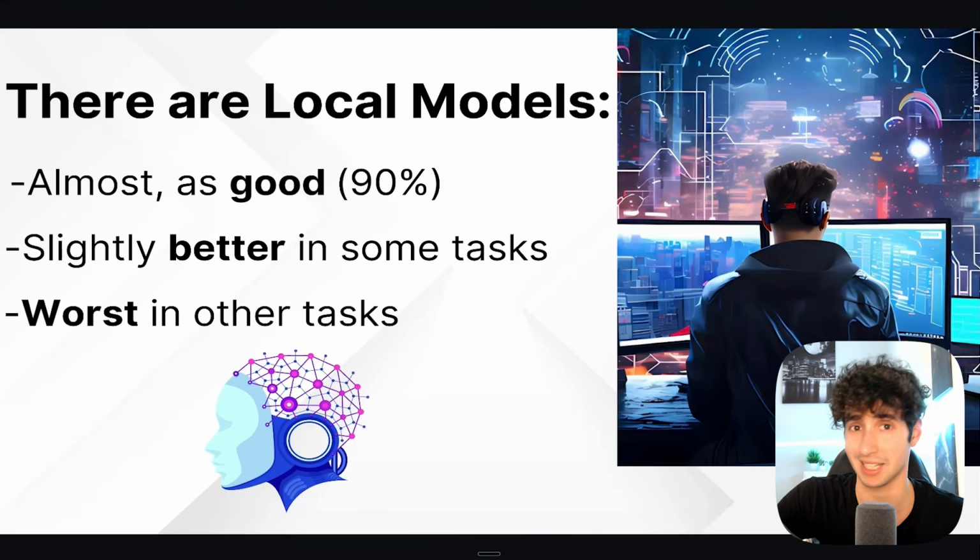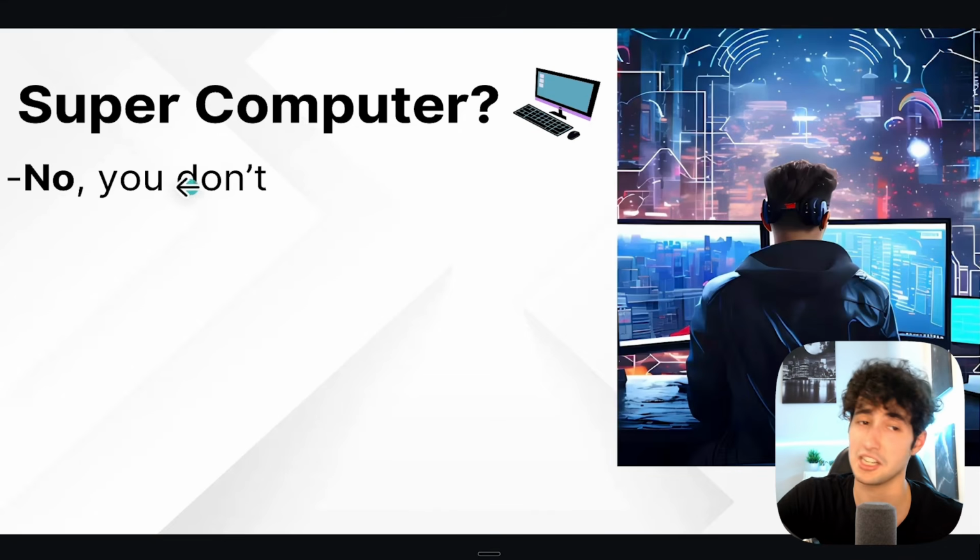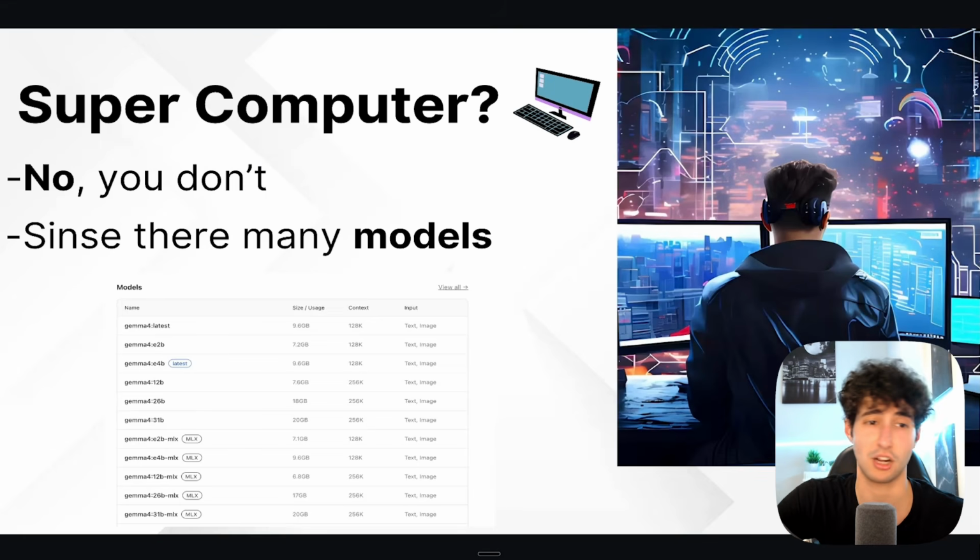And that perfectly brings us on to the next question, which is, do you actually need a supercomputer to run these AI models? Since maybe you have heard that you need multiple gigabytes of VRAM and very expensive setups to run some of them. And the answer to that is no, you actually don't need to have a supercomputer. And that is because there are many different models for different power levels of your PC.